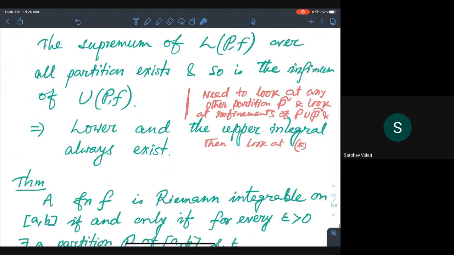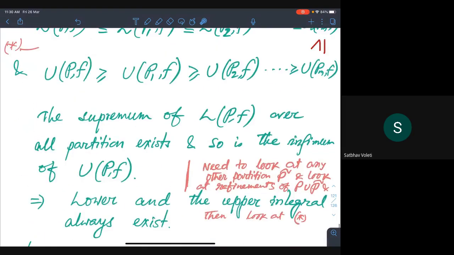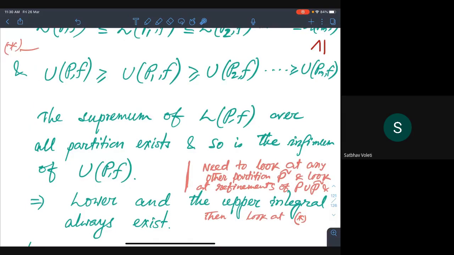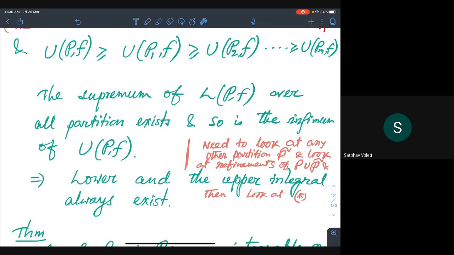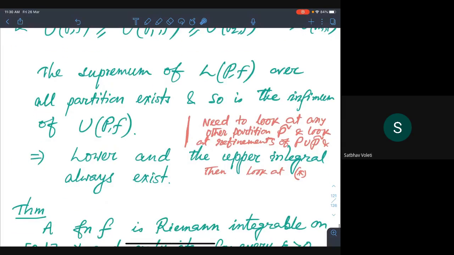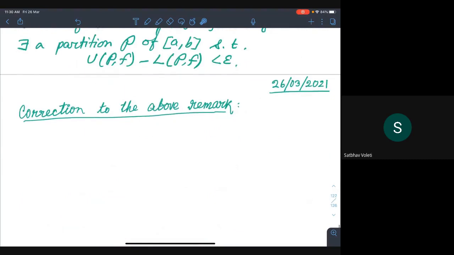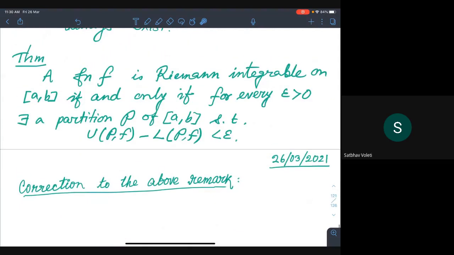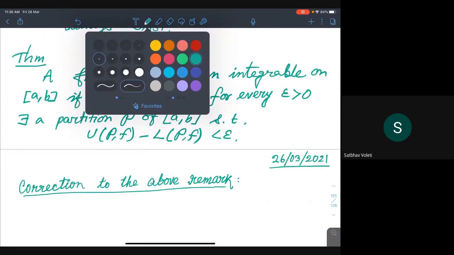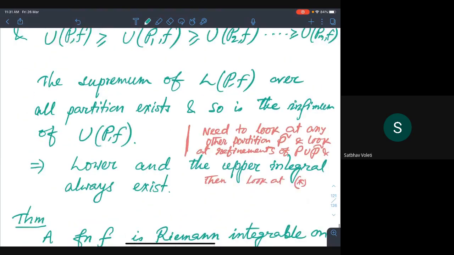The question was, well, the supremum over this partition, whether this exists and whether this one exists. Of course, we need to take a common refinement, but there is a better way to explain, and that is what I'm going to explain now. It is about this correction.